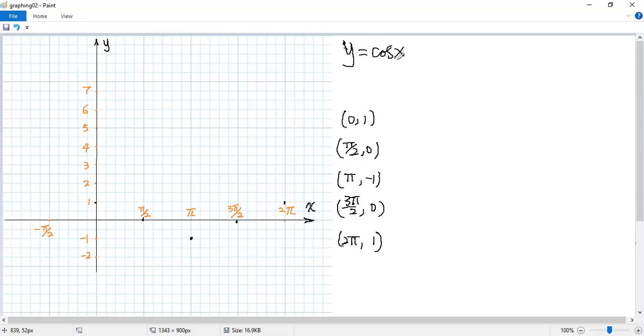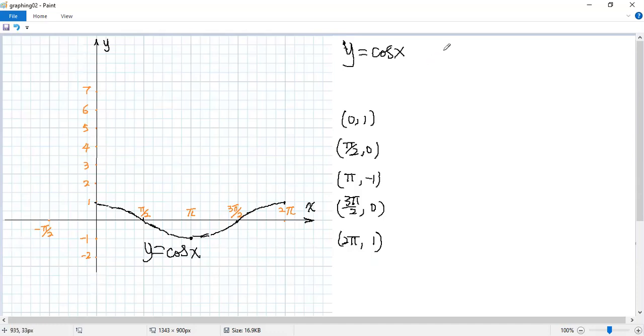To graph cosine, we can simply connect them using a smooth curve again. So it would look like this one. So that's y equals cosine x.